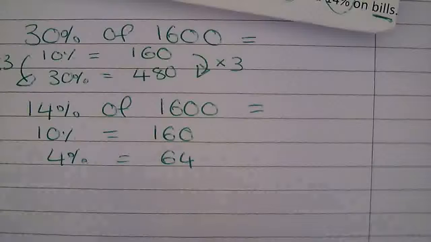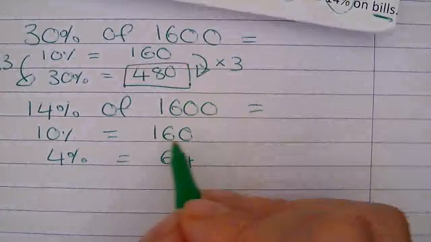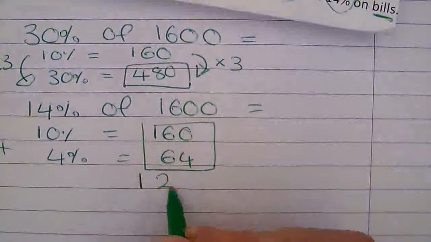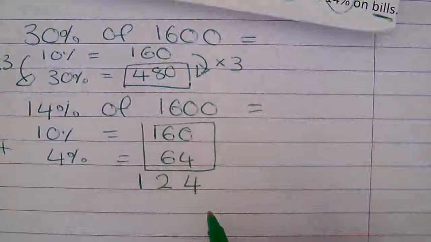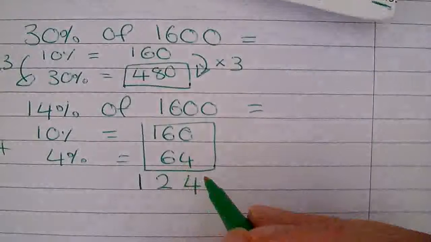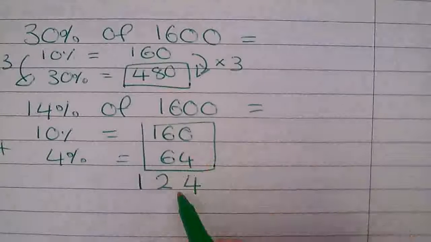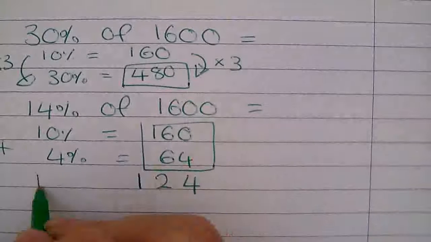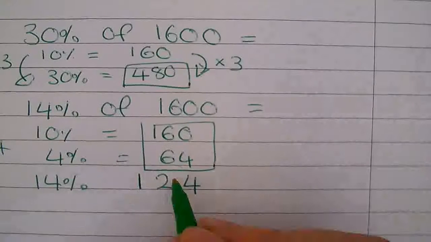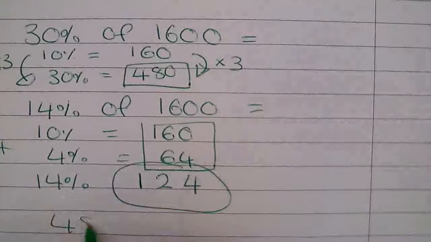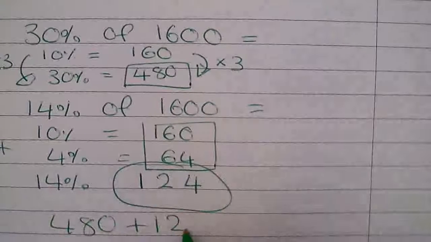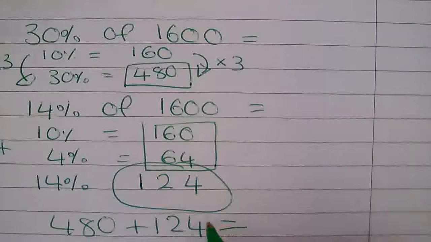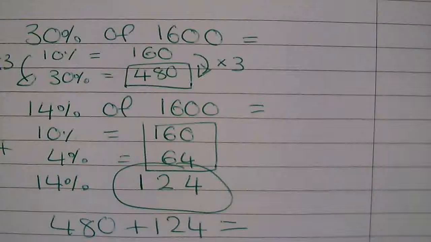So you'd just have 480, and then 14% is 124, and those two still add together, because that's your 30% is 480 and your 14%, should write that there just so you can see it, 14% is 124, so you've got 480 plus 124, and that's going to give you a different answer.